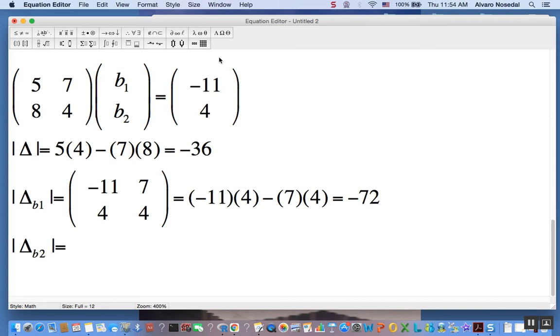So in that case, what we end up with would be 5 times 4 minus 11 times 8. Makes sense because we're going to be replacing this one with this one. Okay, let me write it down here.